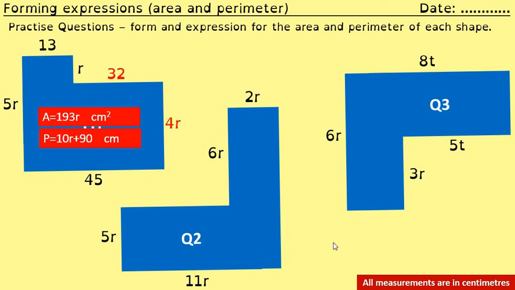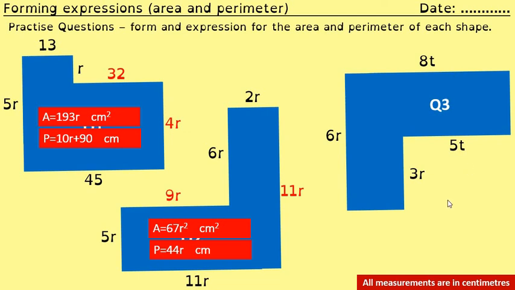For question 2, our missing side lengths are 9r here, because we have 11r take away 2r, and over here we're going to be doing 6r plus 5r, which is 11r. And then the area expression is 67r squared centimetres squared, and our perimeter expression is 44r centimetres.